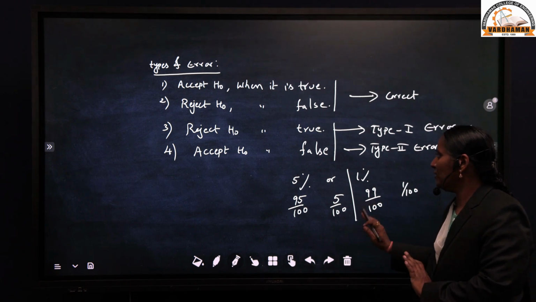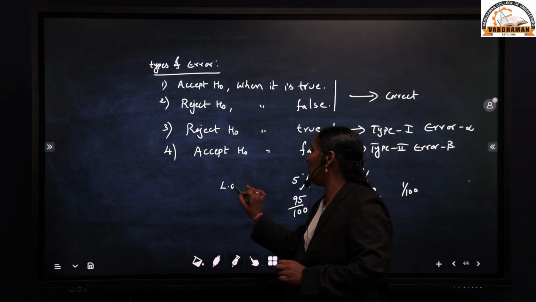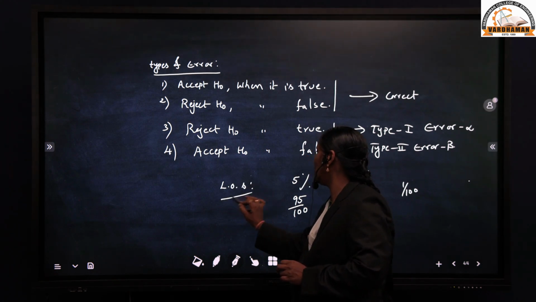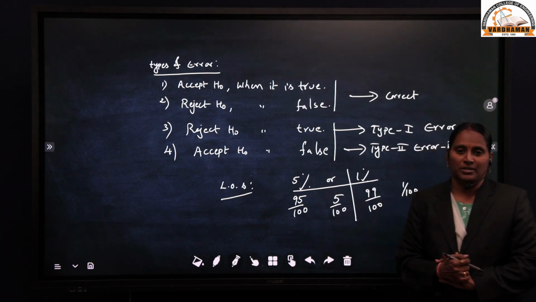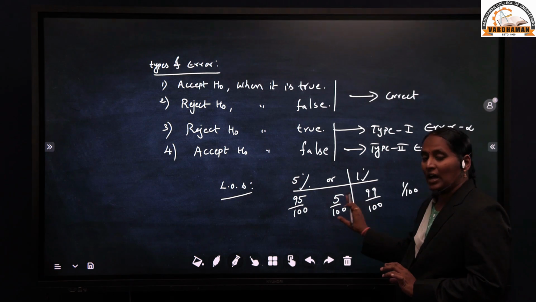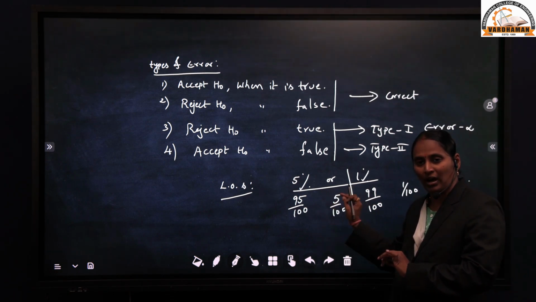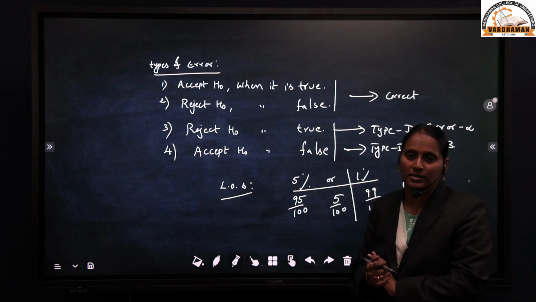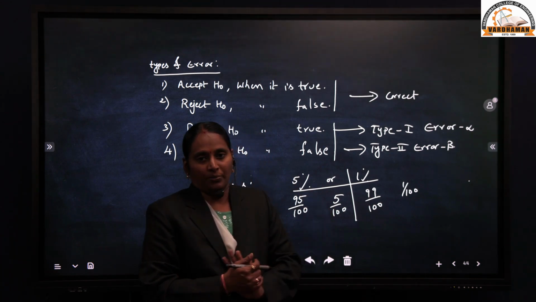So in order to reduce the error, we choose the level of significance at either 5% or 1%. That is the reason we fix the level of significance at either 5% or 1%.